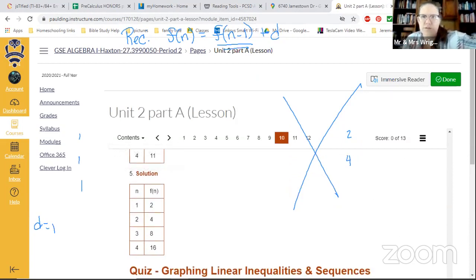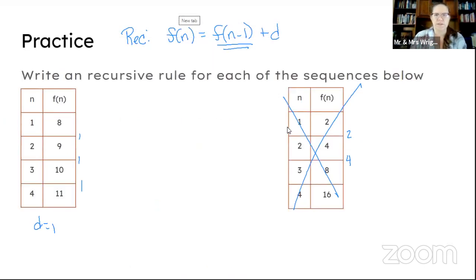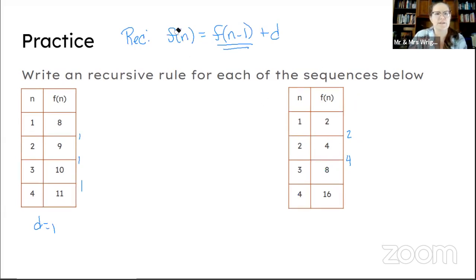Yeah, they do want you to go ahead and write it even though it's not an arithmetic sequence. So let us go back and look at this real quick. I'm going to erase that. There we go.